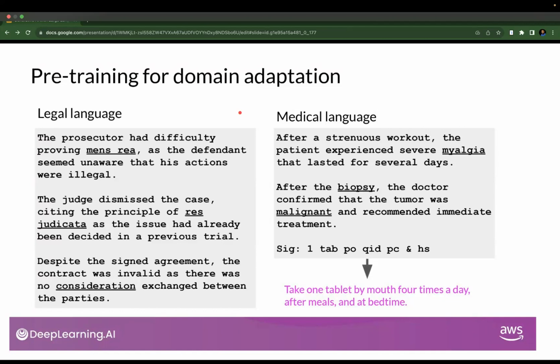Like legal and medical language has terms and nuances which are a little different from the daily or general usage of the language. So if you have a use case where you would like to have LLMs over domain specific text, then it can be a good idea to pre-train your model over domain specific text.